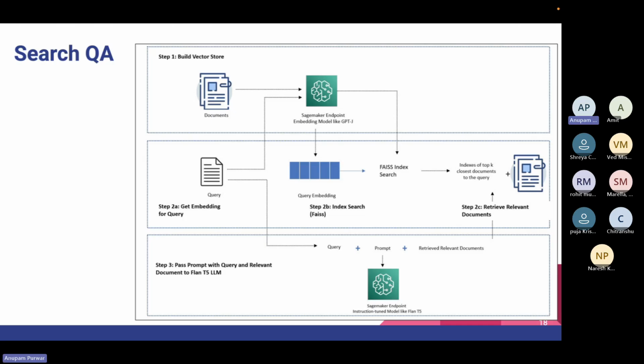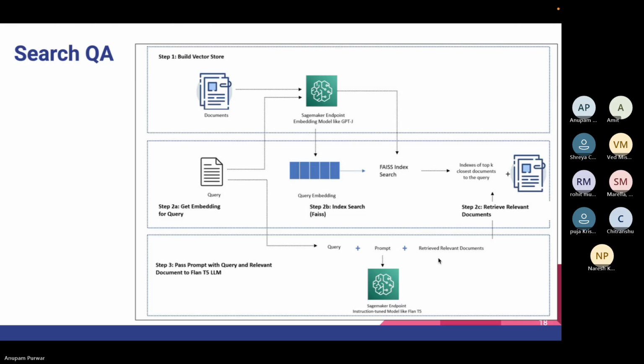Basis that, it retrieves some vectors from the vector database, and those retrieved relevant documents become part of the prompt which is fed to the model. The query also goes along with all this context, and then the answer is generated.